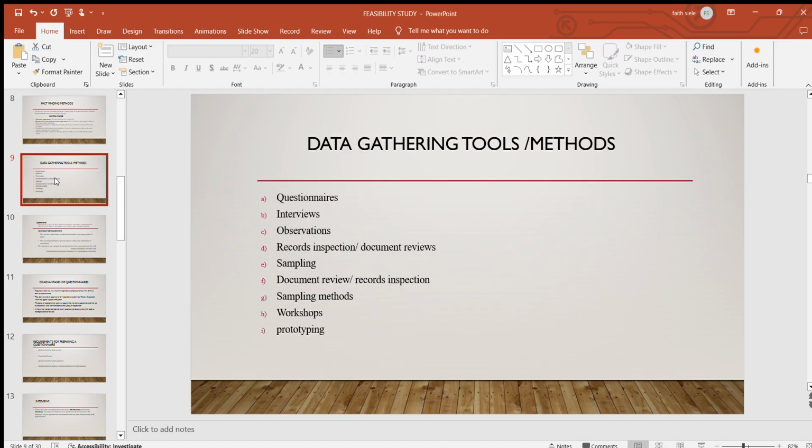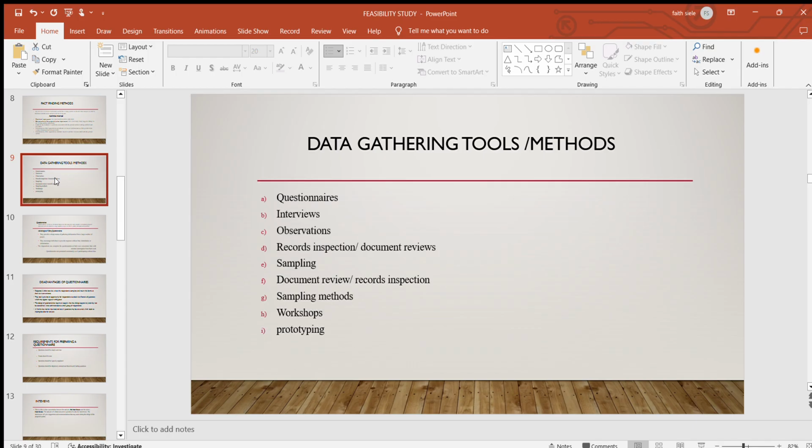So what are some of the methods which are used to gather data? Number 1, we have the common ones, which are questionnaires. We also have interviews. We have observations. We have record inspection or document reviews. We have sampling methods.